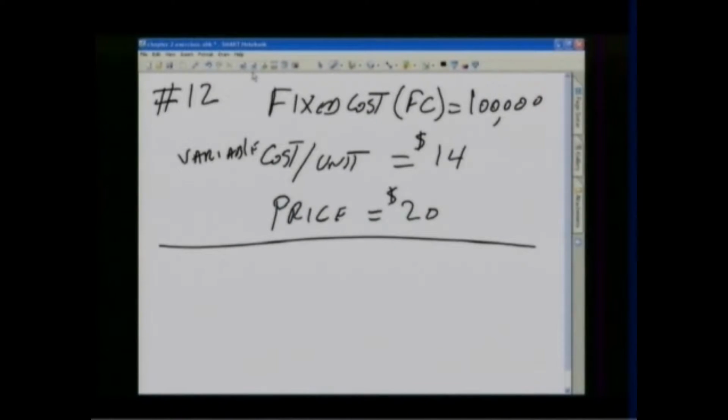First, you are asked to find the cost function. Cost function has two components. One is fixed cost and the other one is variable cost.